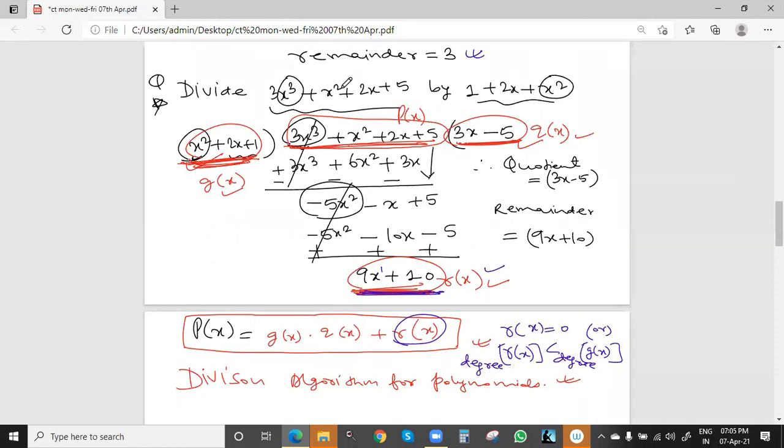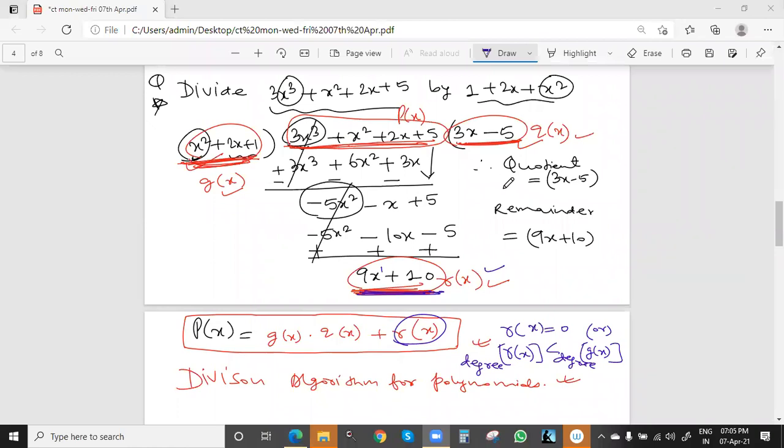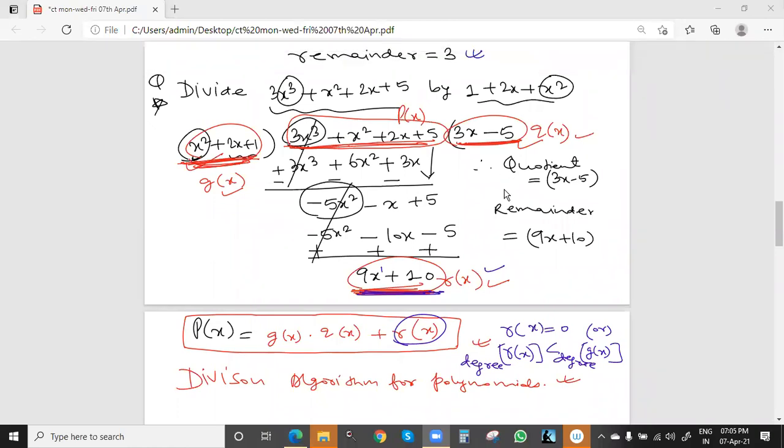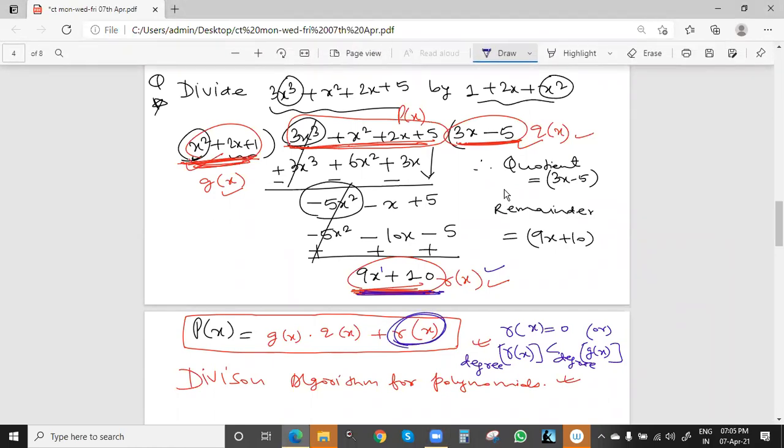Sir, at last you wrote the line about degree. It is: less than the degree of g(x), right? Right. The degree of r(x) here is 1, because degree is the maximum power of x. So the degree of r(x) here is 1, which is less than the degree of g(x), which is 2.